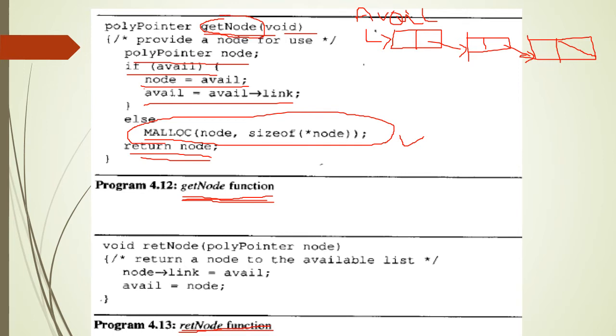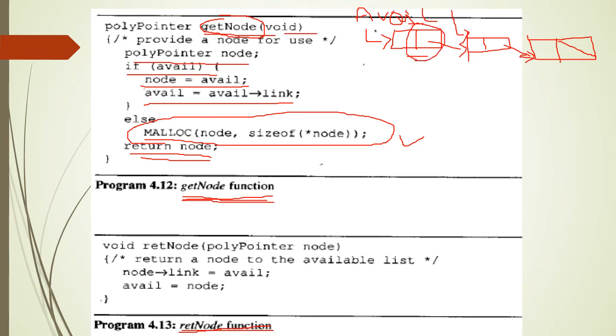What will the getNode function do? It will check whether the readily available nodes are present in the heap or not. If avail is equal to null, the nodes are not readily available. If avail is not null, the nodes are readily available, so you take this node, detach this one node from the heap, and send it to your program. The avail is then pointing to the next node, because now this node is used by your program.